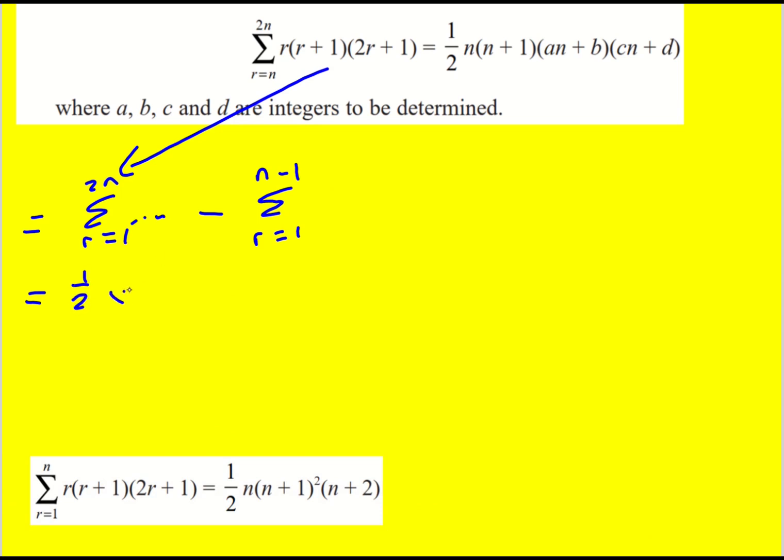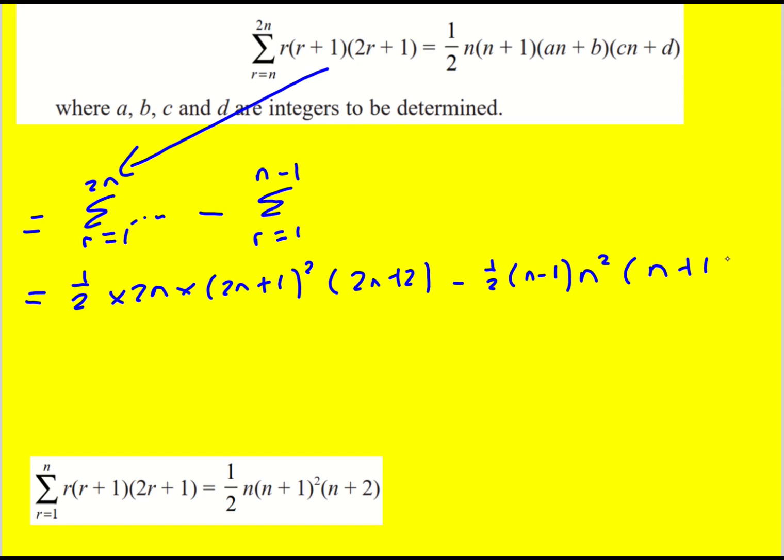So it'll be half times 2n times 2n plus 1 squared times 2n plus 2, minus a half n minus 1, n minus 1 plus 1, that's just going to become n squared, and then n plus 1.